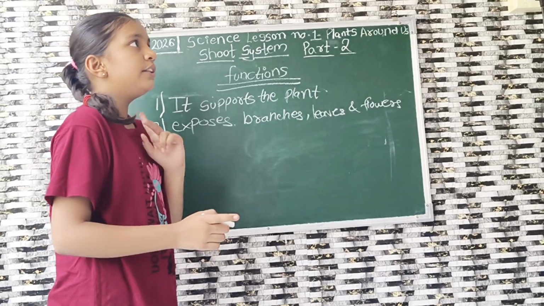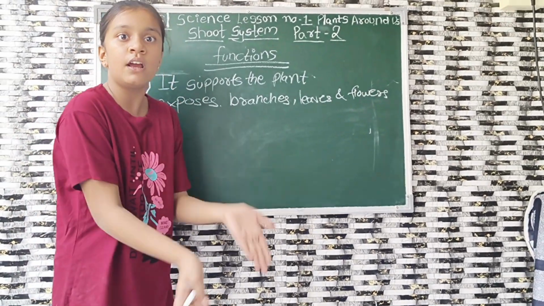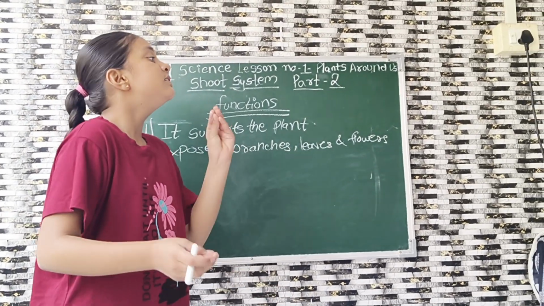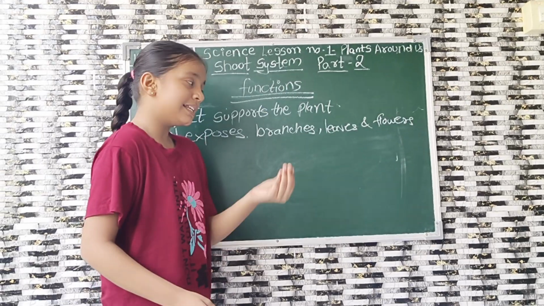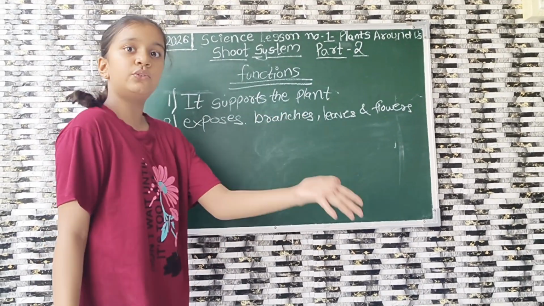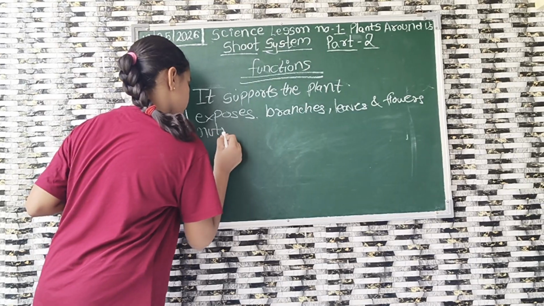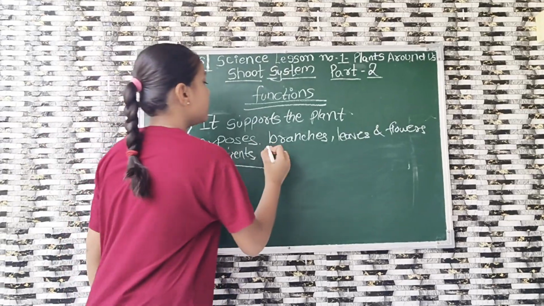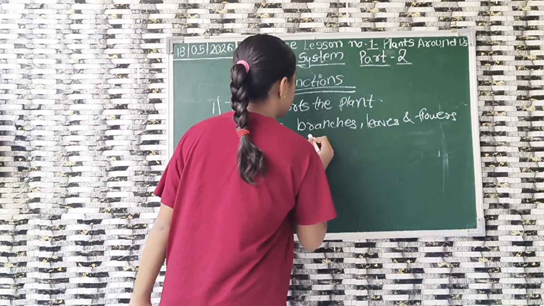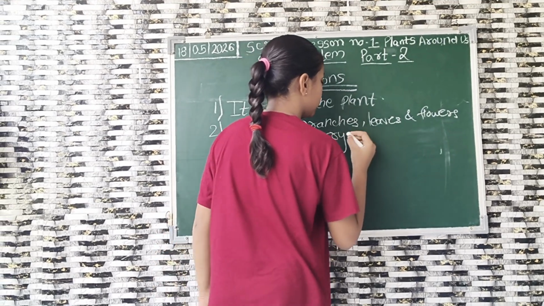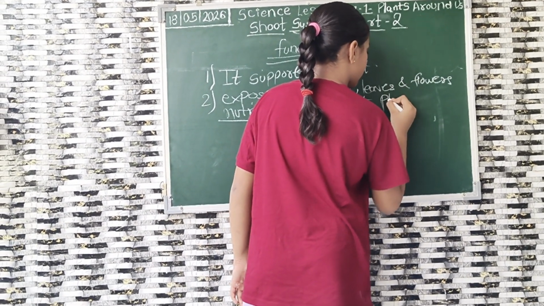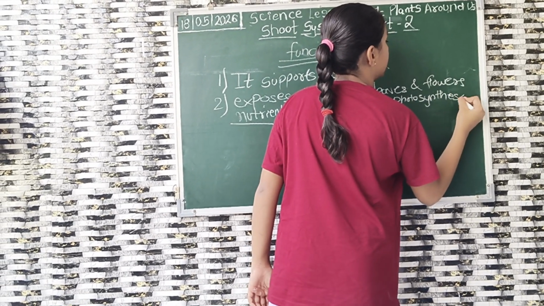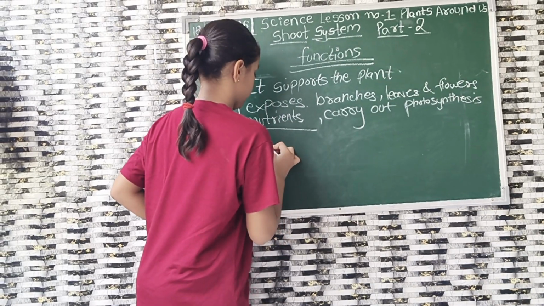Because we cannot get all the nutrients from the roots. All the things are not available in the roots only. Some things are present upwards also, for example, for taking nutrients, carrying out the process of photosynthesis, and other functions.